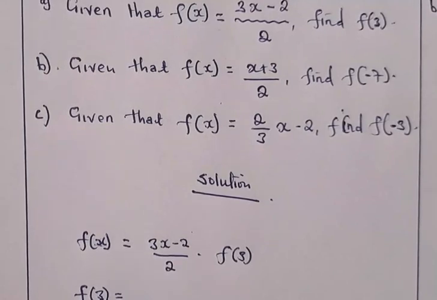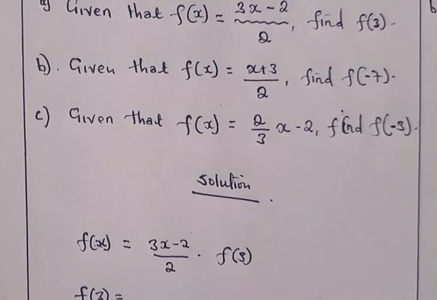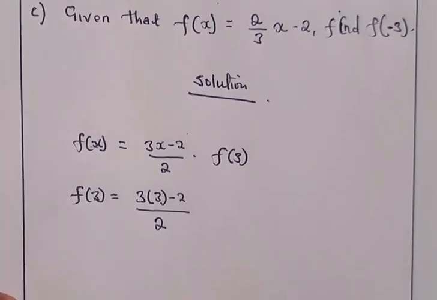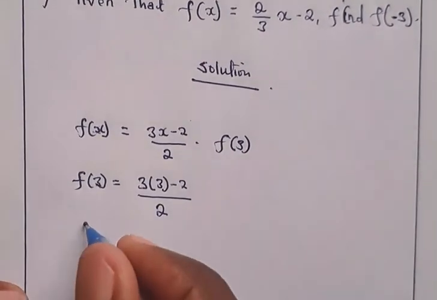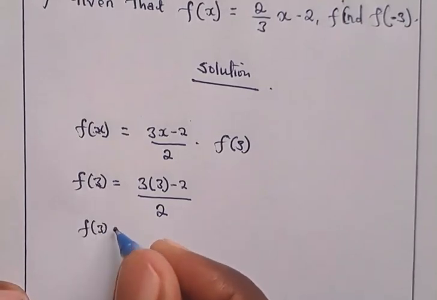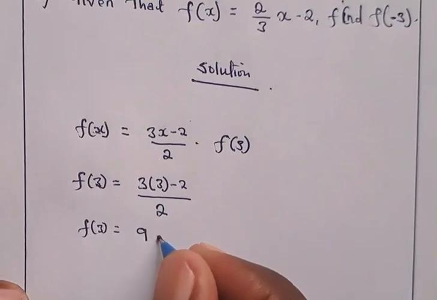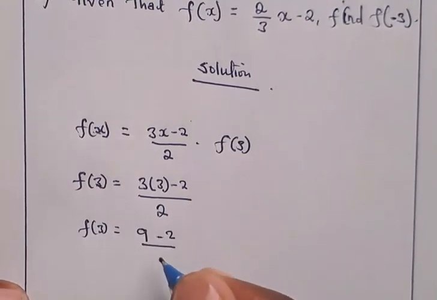Now since we have put 3, x will disappear and what will appear is 3. So f of 3 is equal to 3 in brackets, we put the same 3 there, minus 2 over 2, like this. Then from there, f of 3 is equal to, what is 3 times 3? That is 9, isn't it? 9 minus 2 over 2.